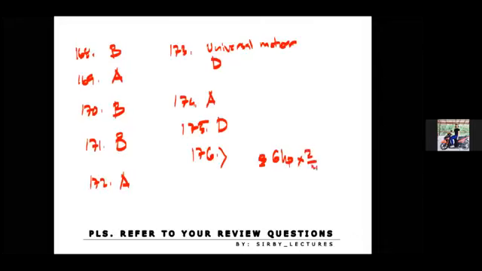Times 2/3 is equal to 1 HP, or HP of motor. Okay, so 6 times 2 divided by 3, this is 4. Since there's no 4 in the choices, we have to round it up to 5 HP.